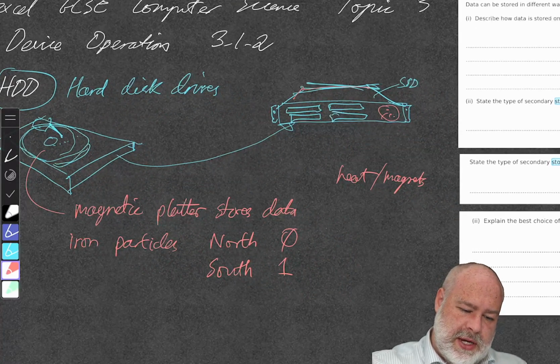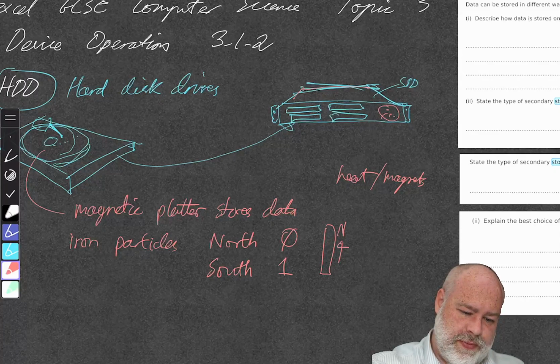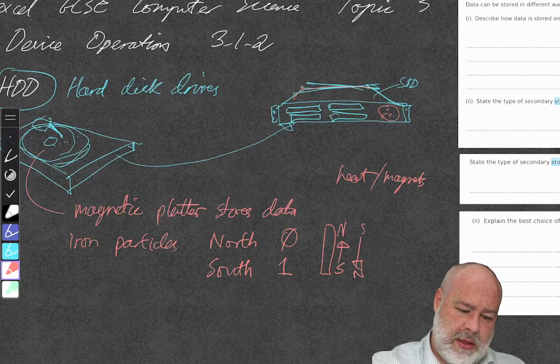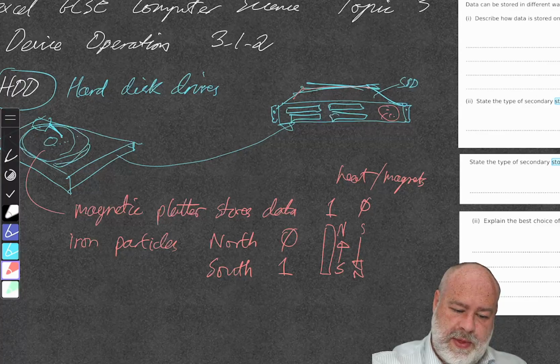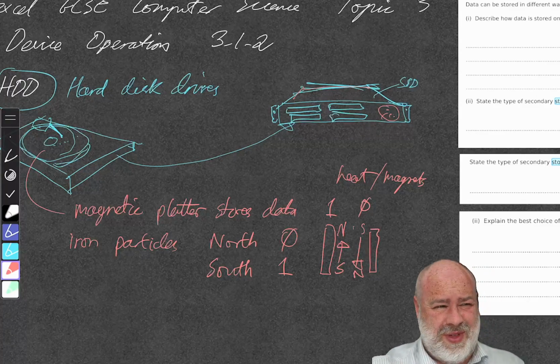I mean, technically speaking, you've got your north. You don't need to know this, by the way. You won't need to know this for the GCSE. But if you've got a south pole at the bottom and then it goes to north, that would be the 1, and then this would be a 0, the opposite way around. That's what's actually going on. But you don't need to know that in detail.